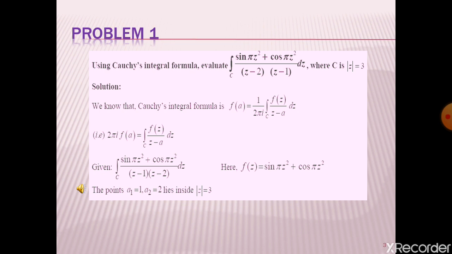So cross multiplying 2πi to the left hand side, we get 2πi f(a) equal to the integral over C of f(z)/(z - a) dz. Now in the given integral, we consider f(z) as sin πz² + cos πz², and the denominator consists of 2 points, 1 and 2, and both the points lie inside the circle |z| = 3.